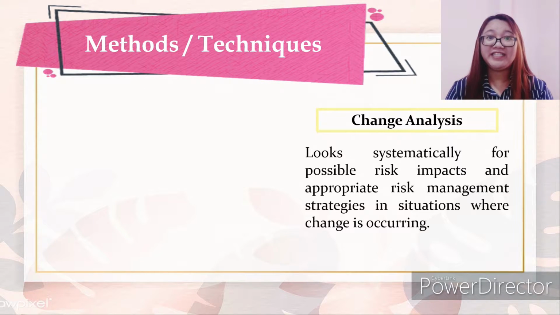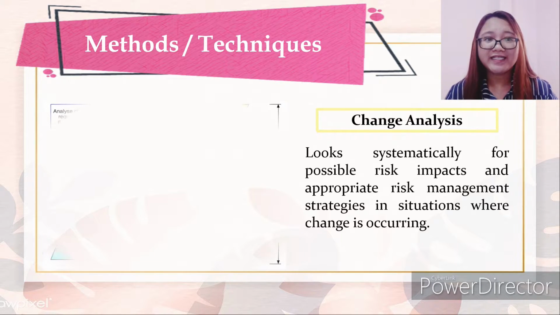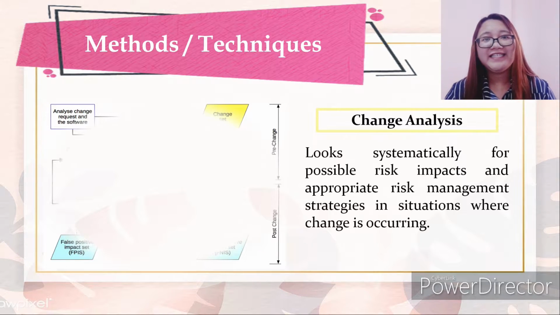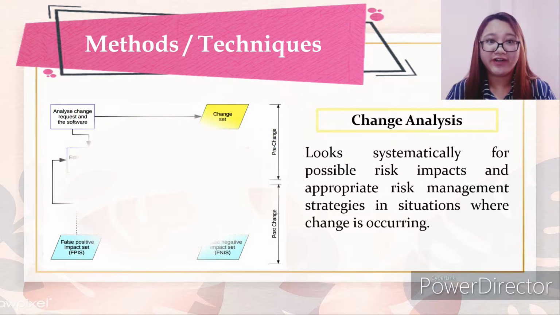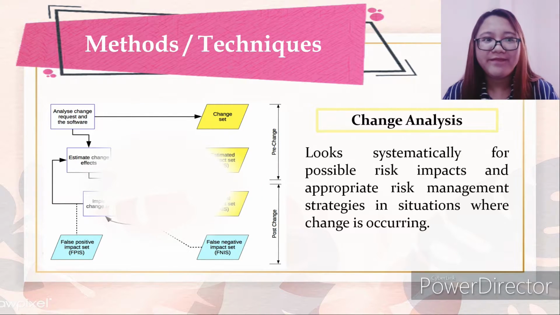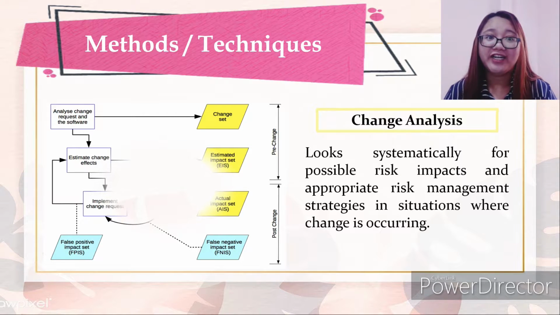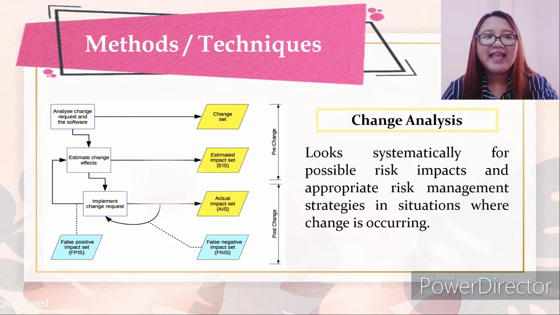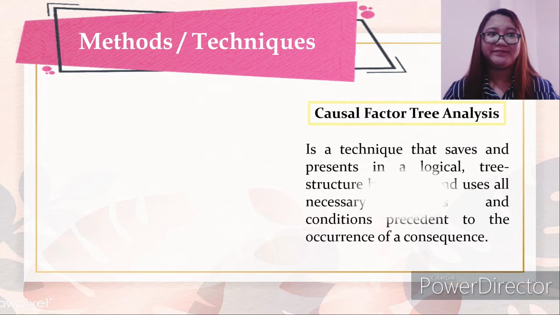The next one is change analysis. It looks systematically for possible risk impacts and appropriate risk management strategies in situations where change is occurring. This includes situations in which system configurations are changed, operating practices or policies are revised, new or different activities will be performed, and so on.